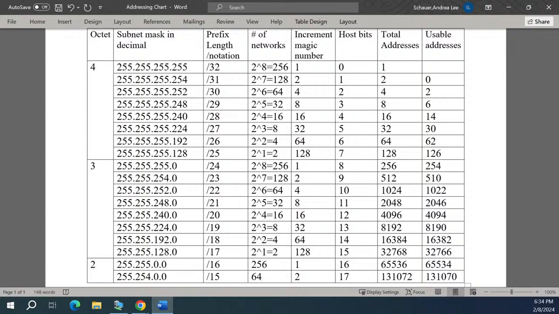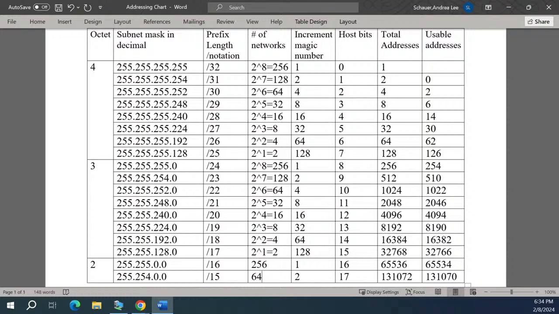So again, what if I said I need 2 networks that have at least 280 hosts.